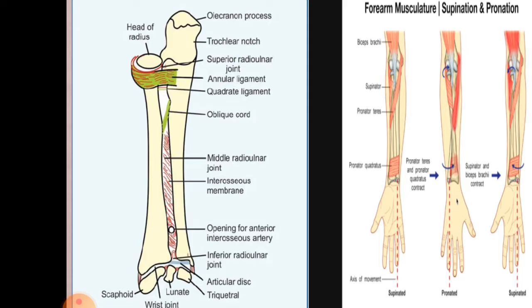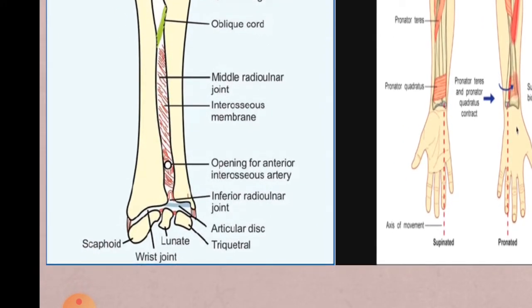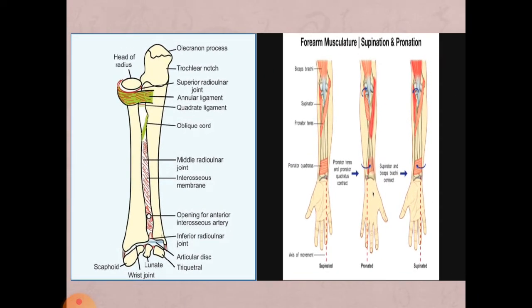And here you can appreciate the distal radioulnar joint. And between the radius and ulna there is the interosseous membrane that provides this extra stability to this joint.